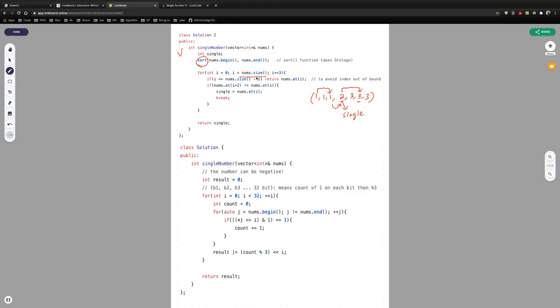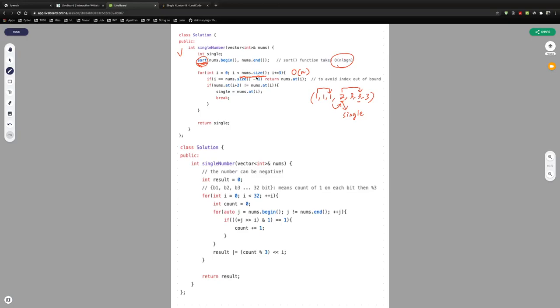So I think this is just a very easy solution. However, you need to be careful. You might think the complexity is only linear time. However, this sort function takes big O of n log n time.